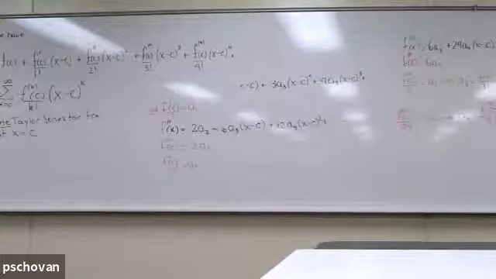If we take c to be 0, then this Taylor series is called a Maclaurin series, which is kind of slimy that somebody else put their name on this guy's theorem just by taking a particular value of c.